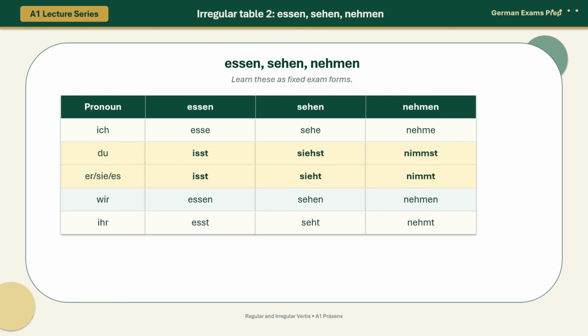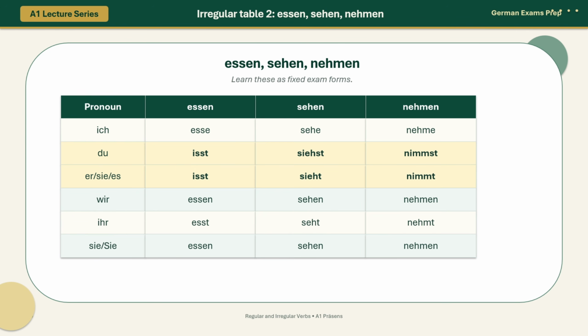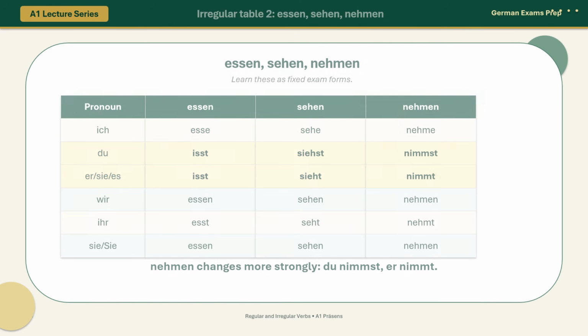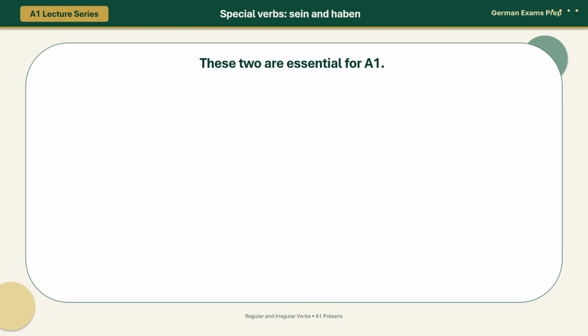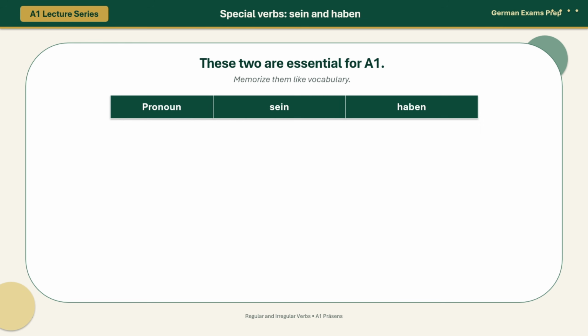Ihr esst, ihr seht, ihr nehmt. Sie und Sie essen, sehen, und nehmen. These forms are very common in exams and daily German, so learn them like vocabulary. Do not try to build them only with the regular rule. Nehmen changes more strongly. Du nimmst, er nimmt.